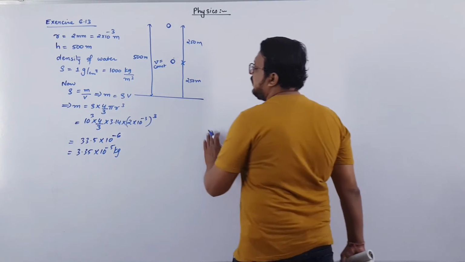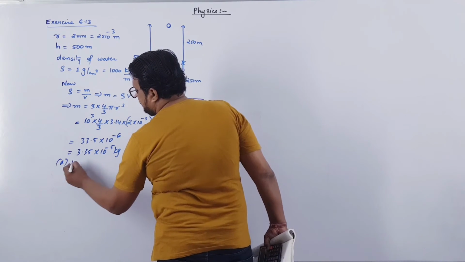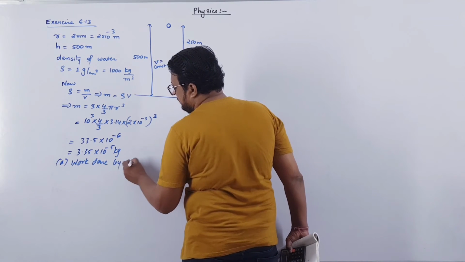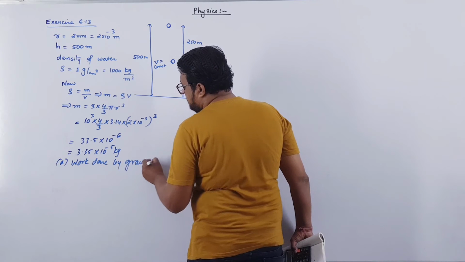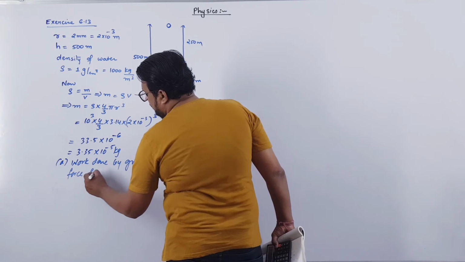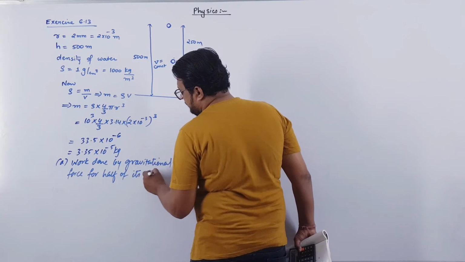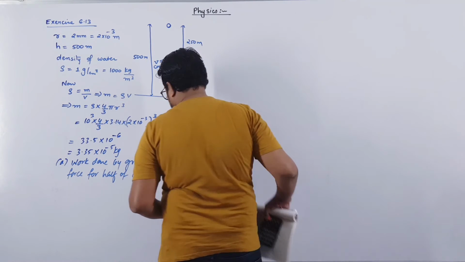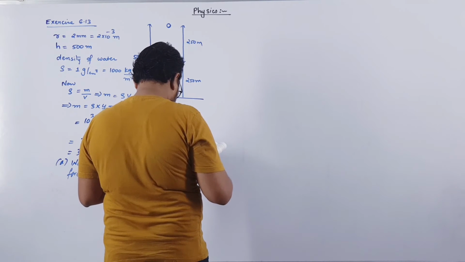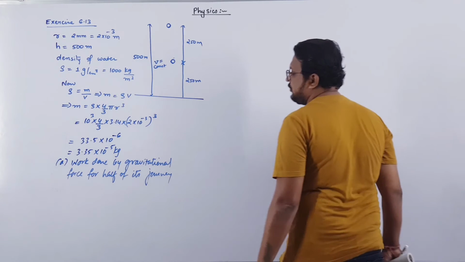Now the first thing is we want to find the work done for half of its journey. So the first case is the work done by the gravitational force for half of its journey.